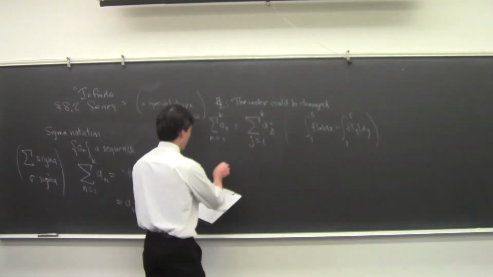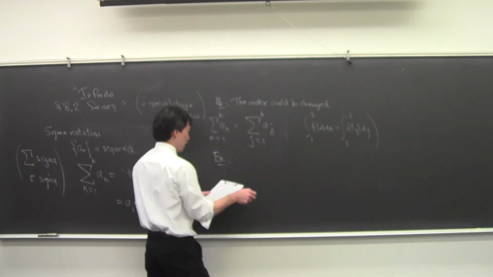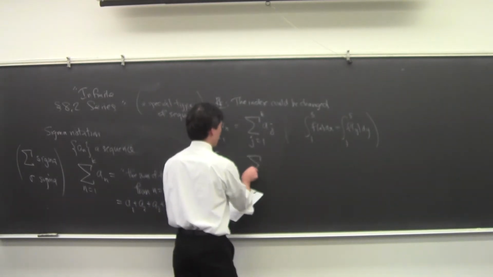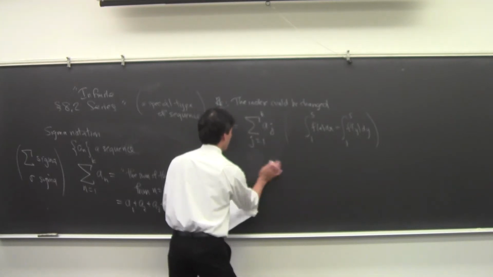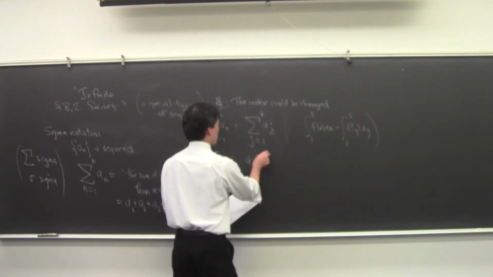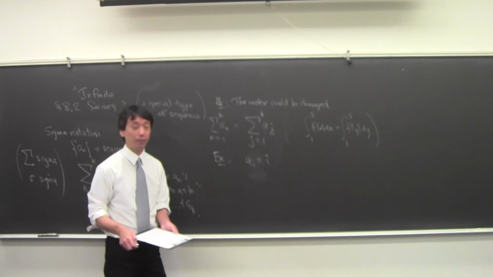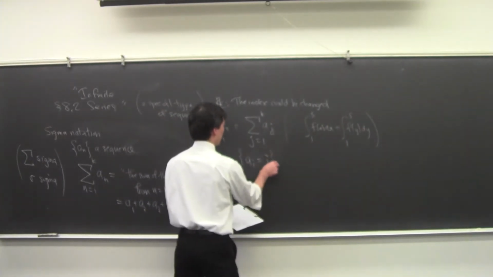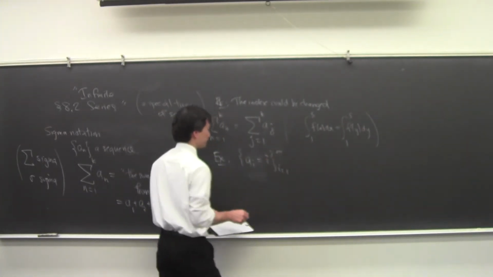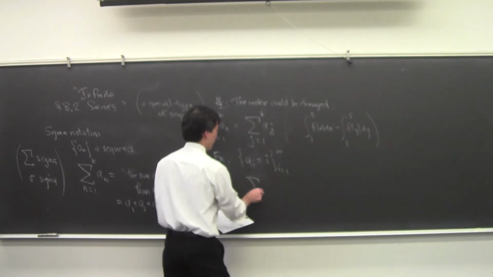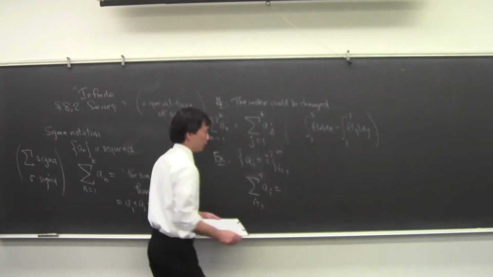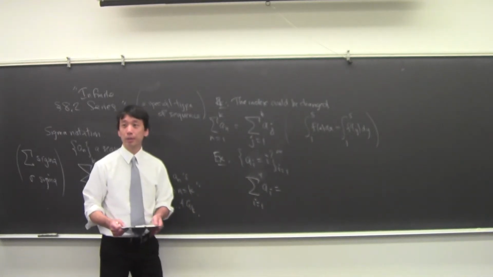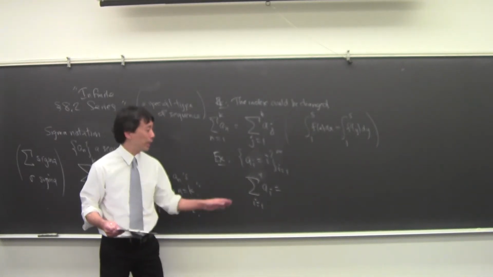Okay, so just to give some examples, if I write a summation this way, say the sequence a sub i equals i from 1 to infinity, and if I write the summation of a sub i from i equals 1 to 4, what is that?